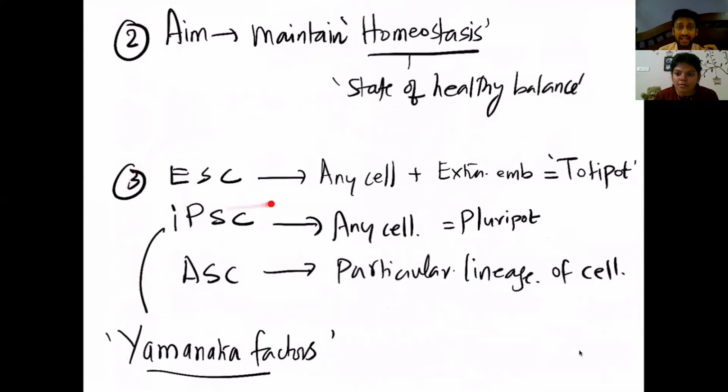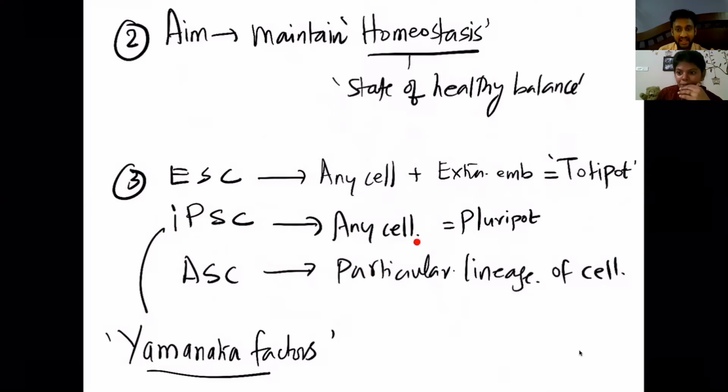We have embryonic stem cells, induced pluripotent stem cells, and adult stem cells. The ESC and iPSC can transform into any cells. The one difference with the embryonic stem cell is that they can also form extra-embryonic cells. That is what we call totipotency. Whereas an induced pluripotent stem cell can form any cell, but not an extra-embryonic tissue like placenta. So they're called pluripotent cells.